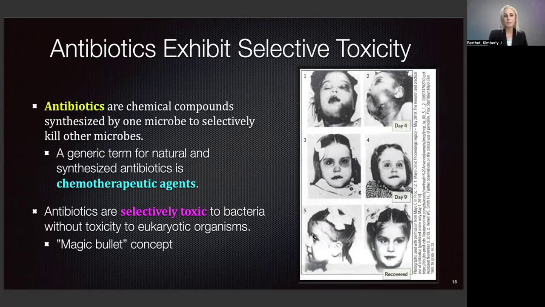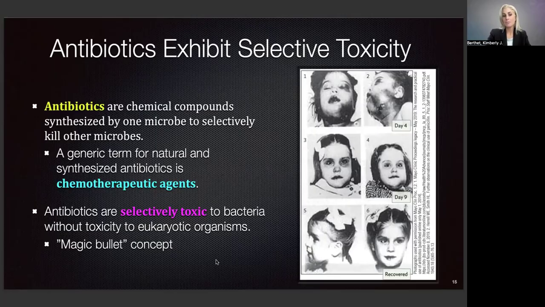Chemotherapeutic agents is actually the larger category than the term antibiotics, because we initially derived antibiotics from microorganisms, and those were natural antibiotics. But now we're synthesizing them and compounding novel antibiotics. And so we can call the whole category chemotherapeutic agents here.